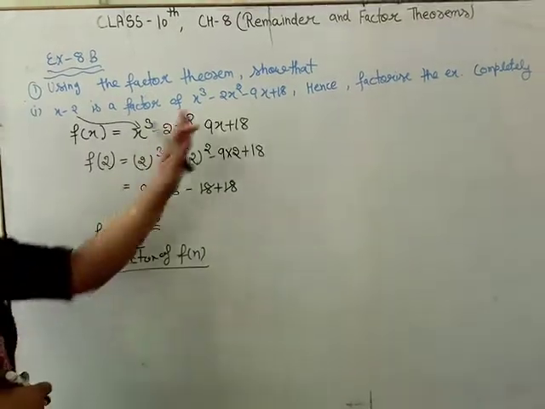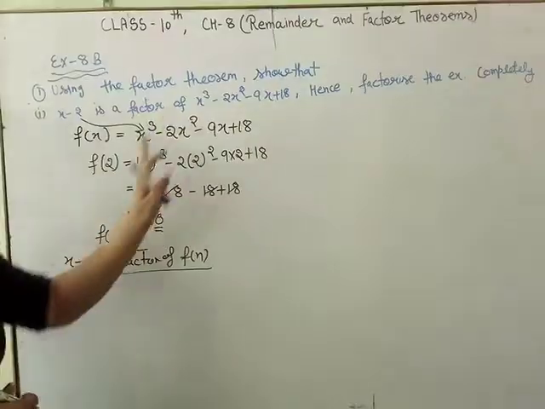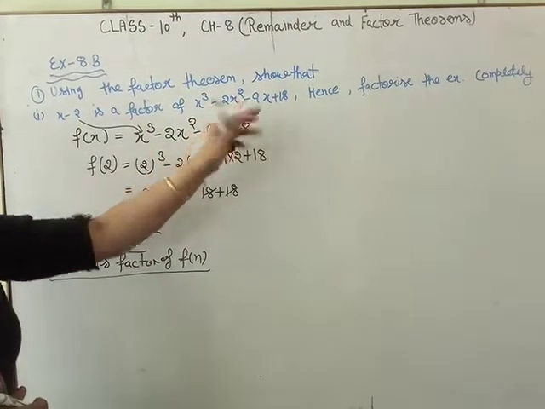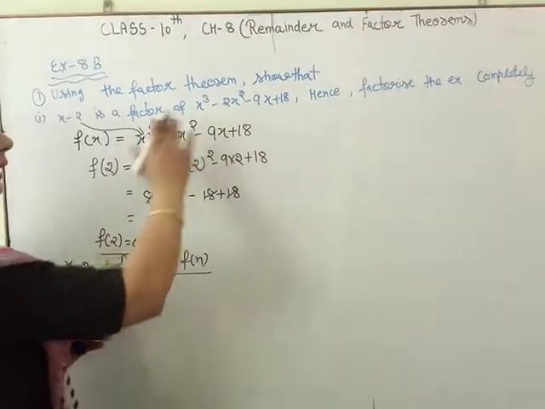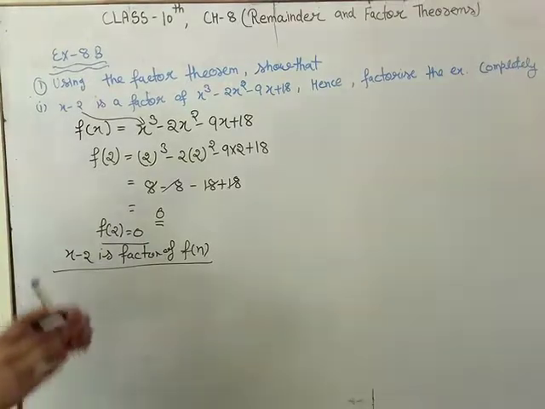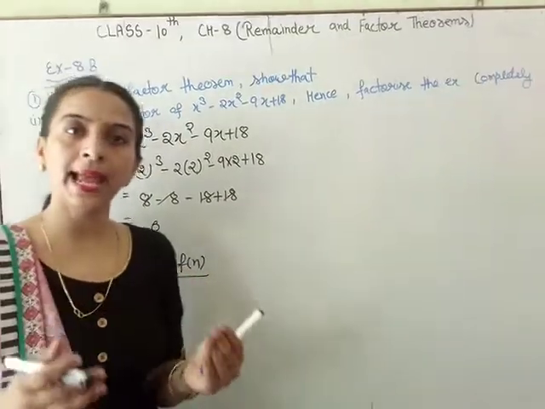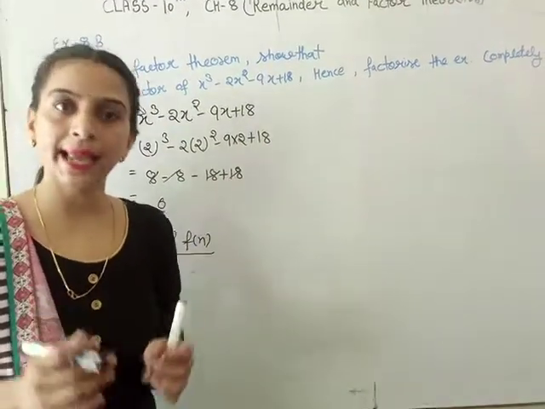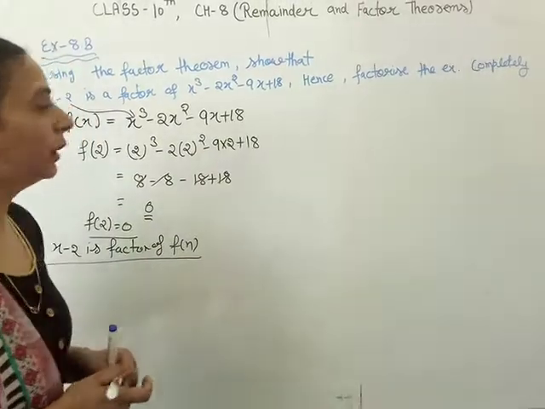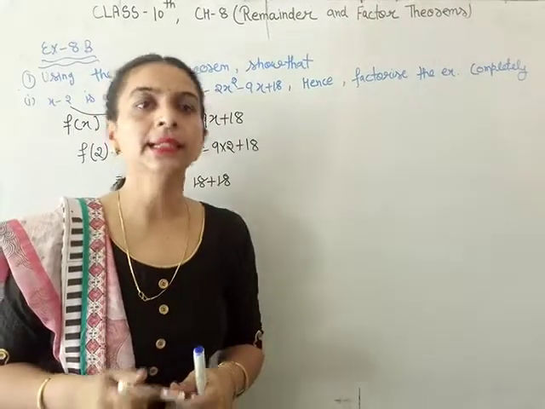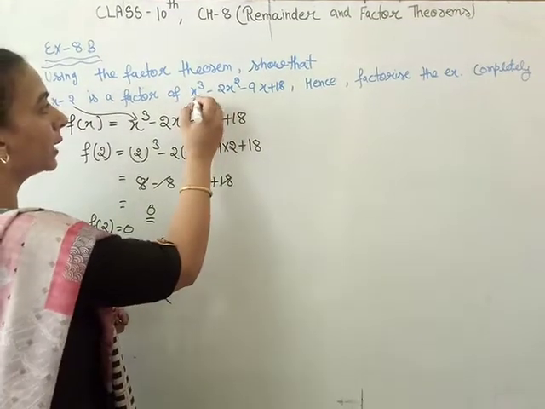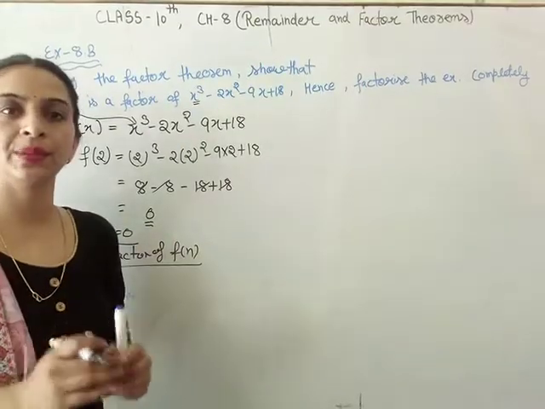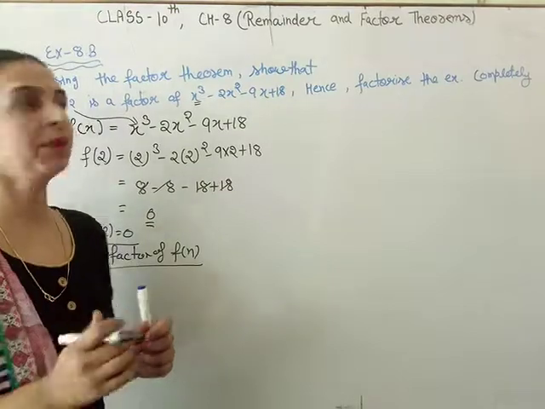Student, if this is a factor of this expression, again we find the factors completely. Student, this is a 3 degree polynomial. If any polynomial is of nth degree, then there are n factors. If a polynomial is of 2 degree, then there are 2 factors. If in this expression the highest power is 3, then in this expression there are a total of 3 factors.